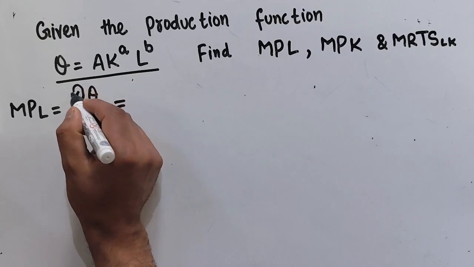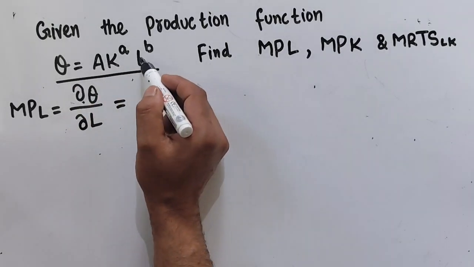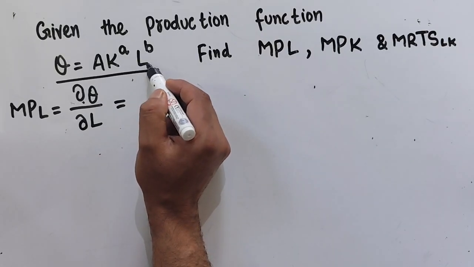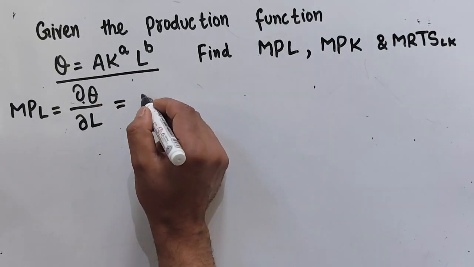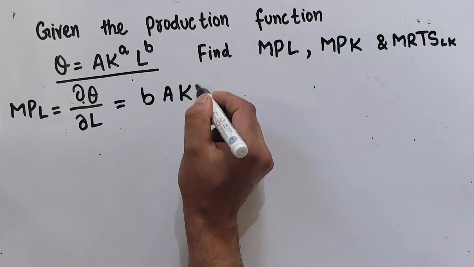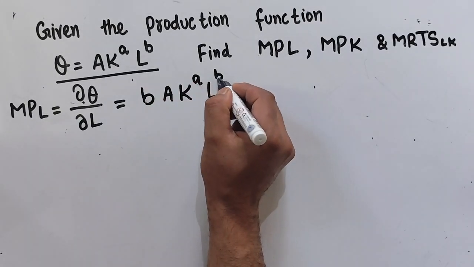So we have del Q upon del L. Since we need to partially differentiate with respect to L, the exponent of L will become the coefficient, so b becomes the first coefficient, so we have b, then we have A, K to the power a remains the same, and the exponent of L will be subtracted by 1, it becomes b minus 1.